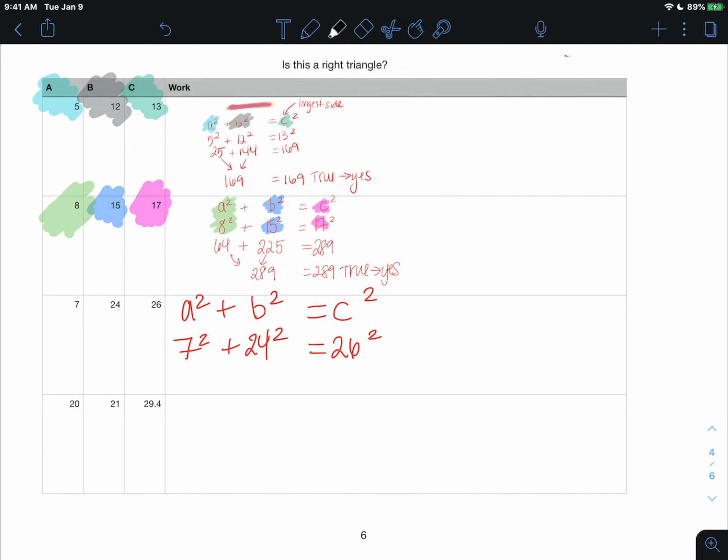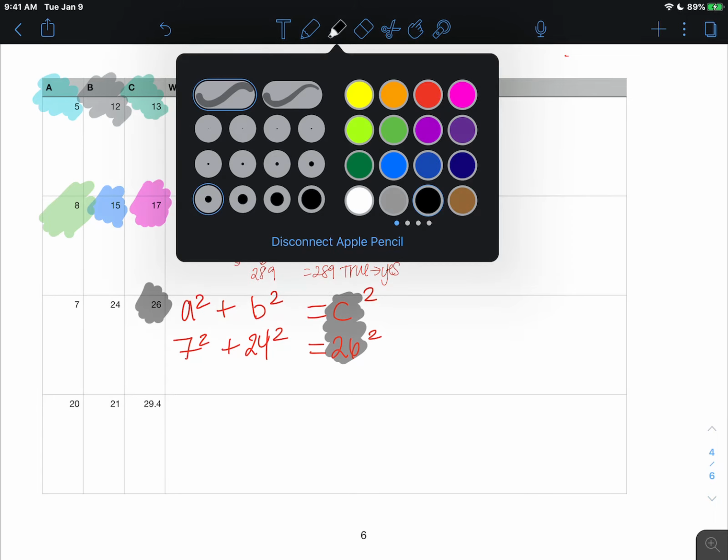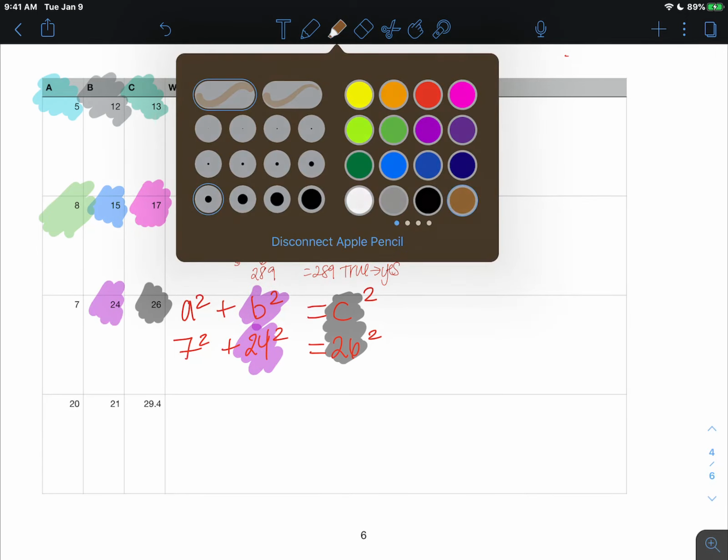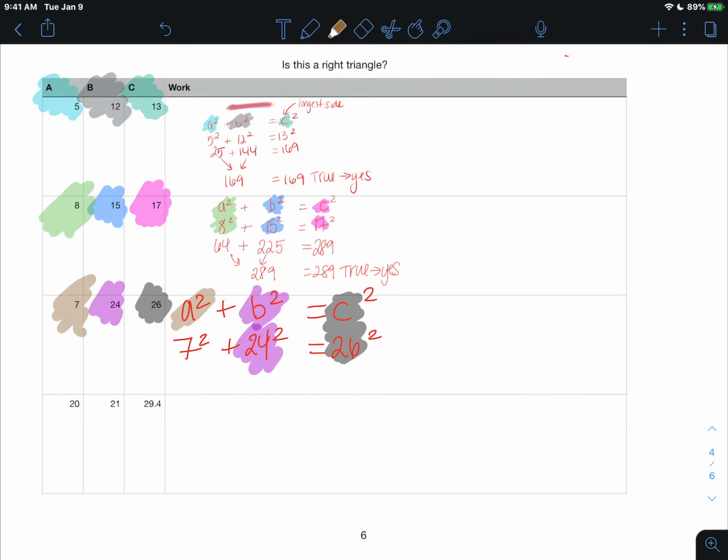Noticing that I still put the largest one over here with C, and I arranged the other ones randomly, but it just so happened that they told us which one was A and B. Now I'm going to go ahead and multiply each of these.